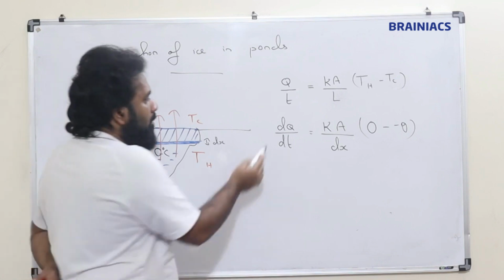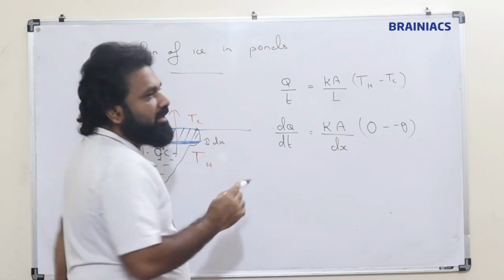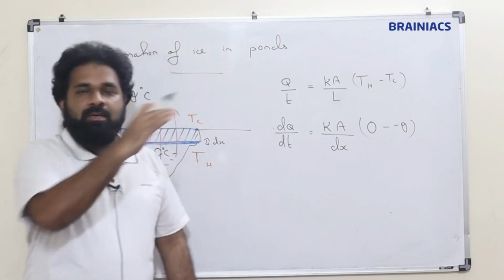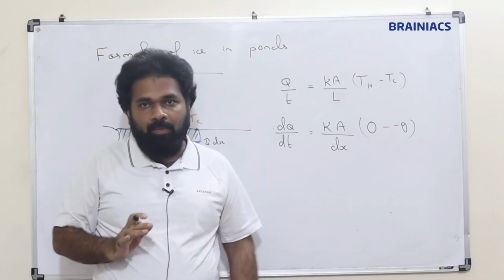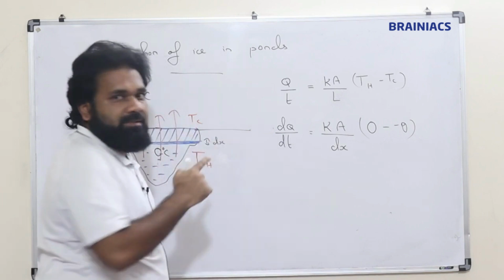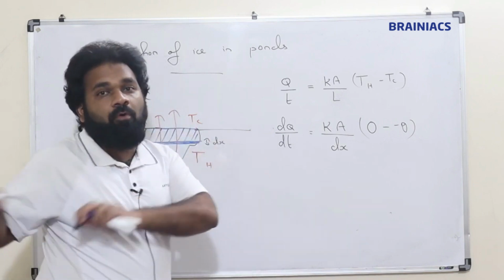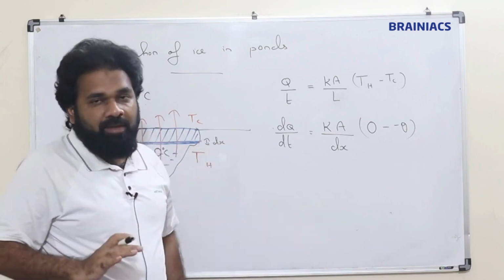Now what about this heat? What is happening with this heat? When this heat is released, ice formation will happen. So we can say this heat is released by formation of ice, or when this heat is released, formation of ice will happen.